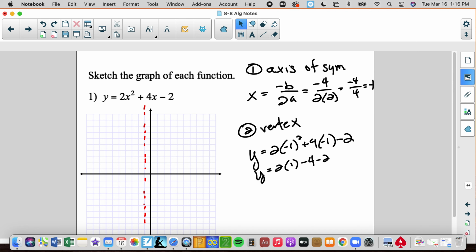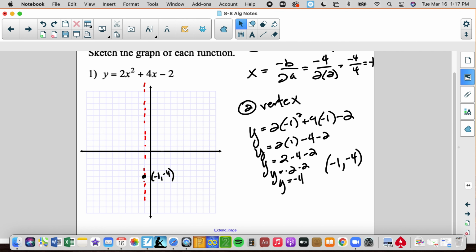Minus 4 minus 2. 2 times 1 is 2. 2 minus 4 is negative 2. And y is negative 4. So that point, the vertex, would be negative 1, which is what I plugged in from part 1, and then it produced negative 4. So negative 1, negative 4. That's the first thing I do.